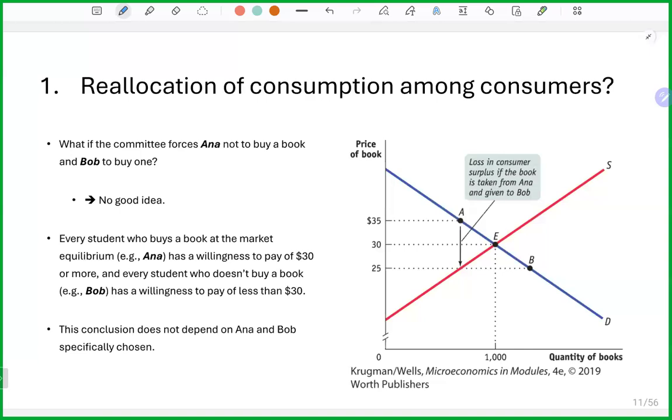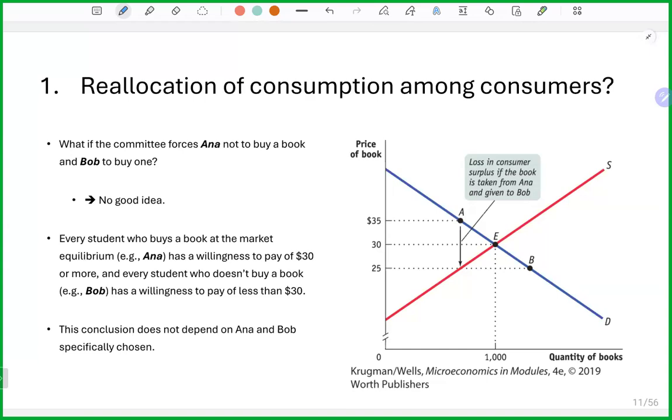Why? We take the book from Anna, then Anna's valuation of $35 is eliminated.